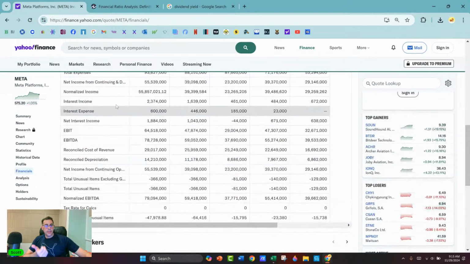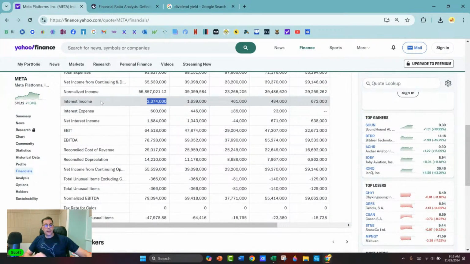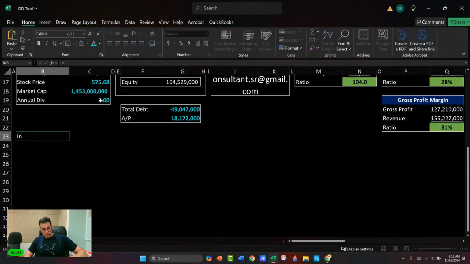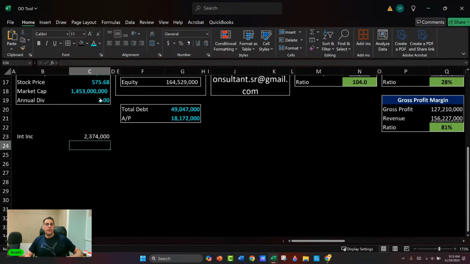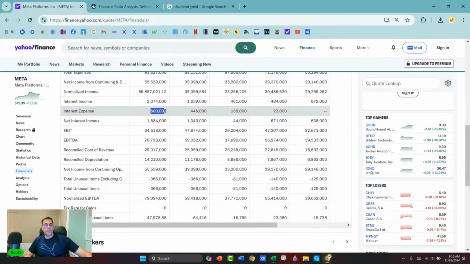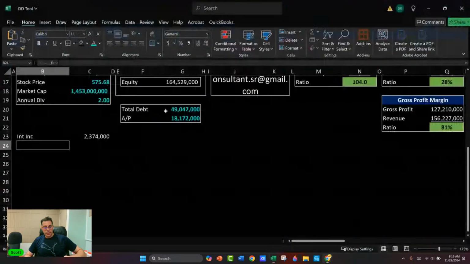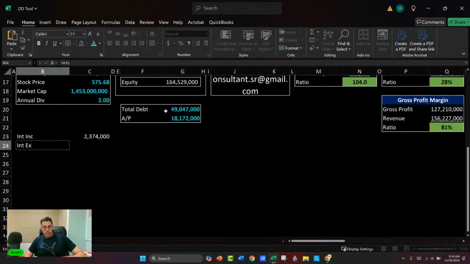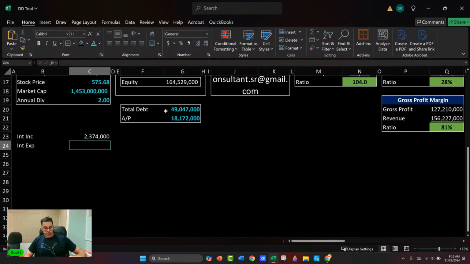It's the interest Meta receives on the cash it has sitting in its bank account. Interest expense is the interest they pay on their debt. So they're net positive because they have so much cash.